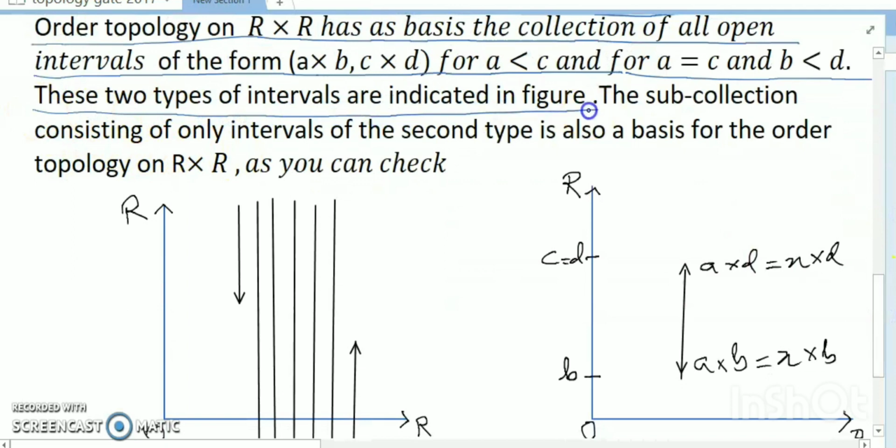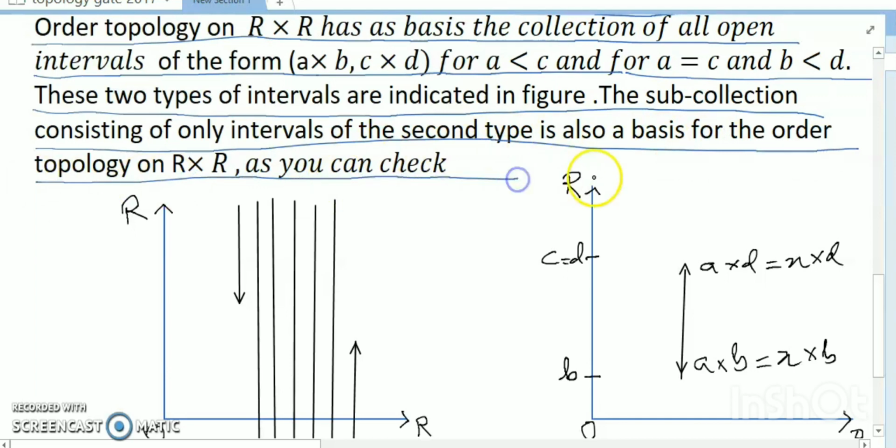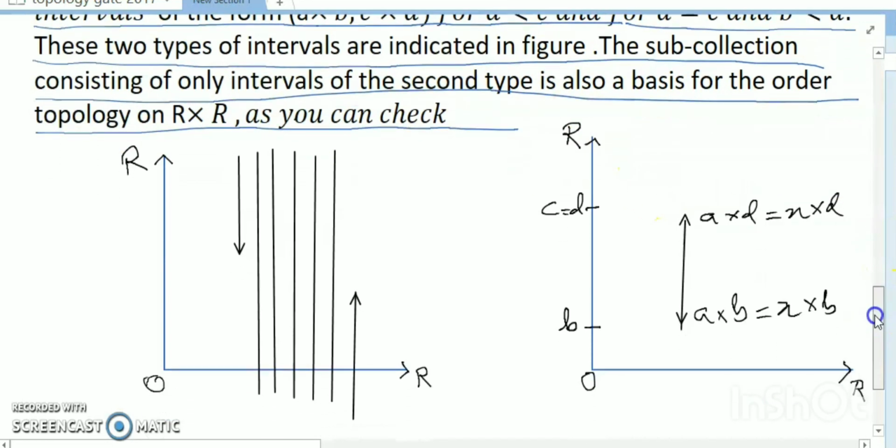These two types of interval are indicated in the figure. The subcollection consisting of all intervals of the second type is also a basis for the order topology on R cross R, as you can check.